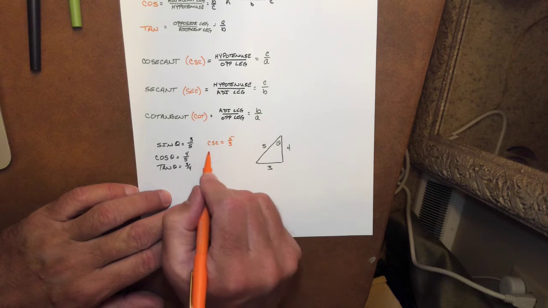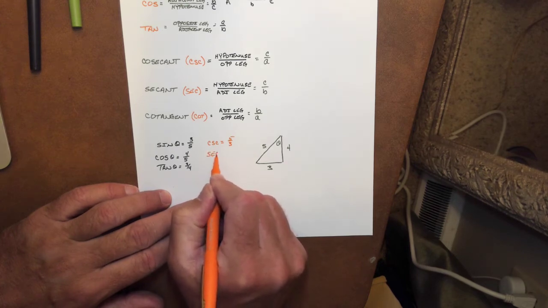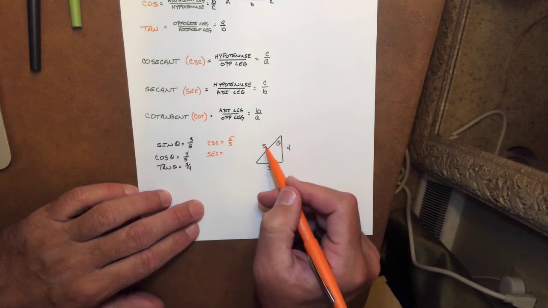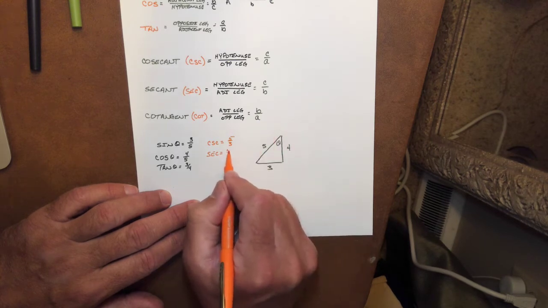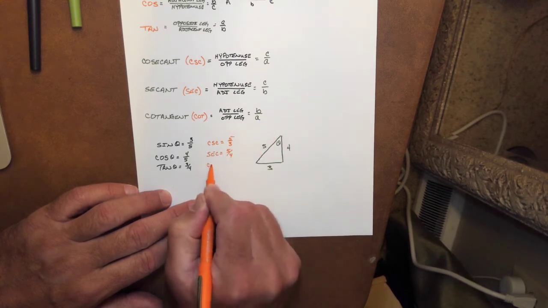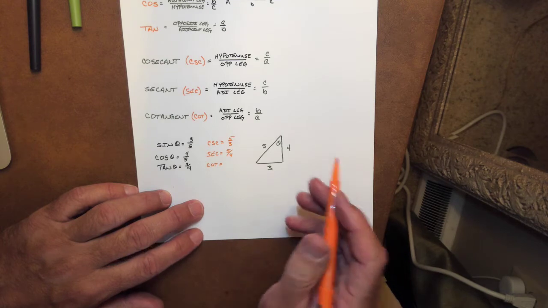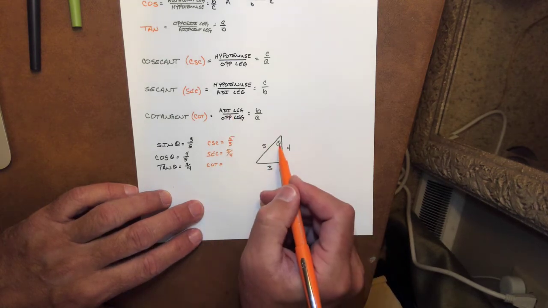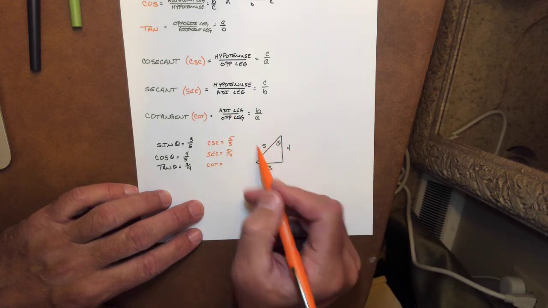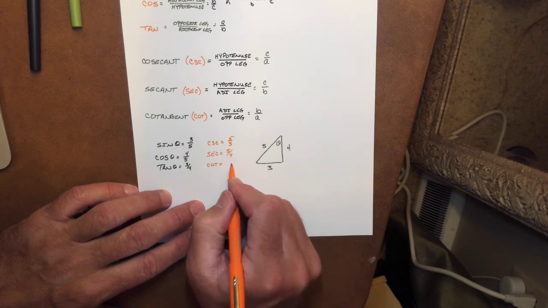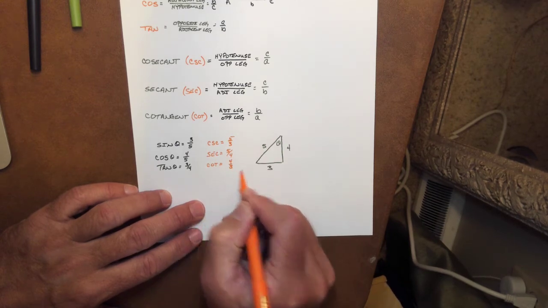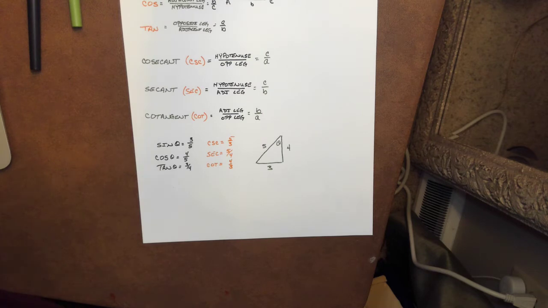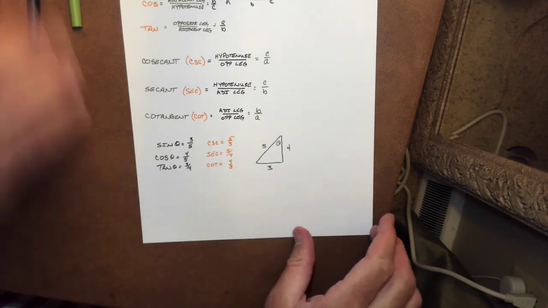The secant is defined as hypotenuse over adjacent leg. And the cotangent is, like it says there, adjacent leg, so adjacent to theta, over opposite leg. There. That's just practicing our ratios so we have them down.